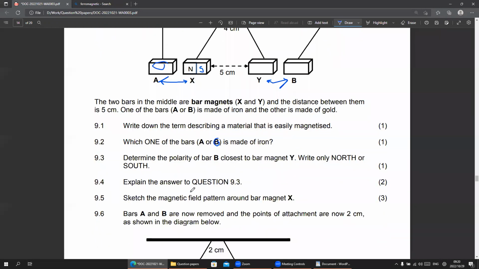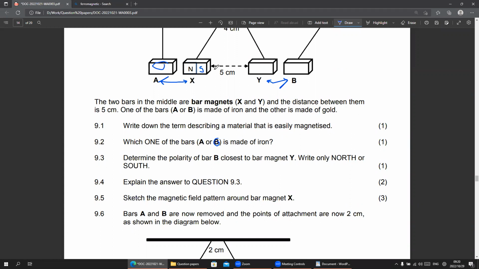So they say determine the polarity of the bar B closest to the magnet Y, right, north or south.